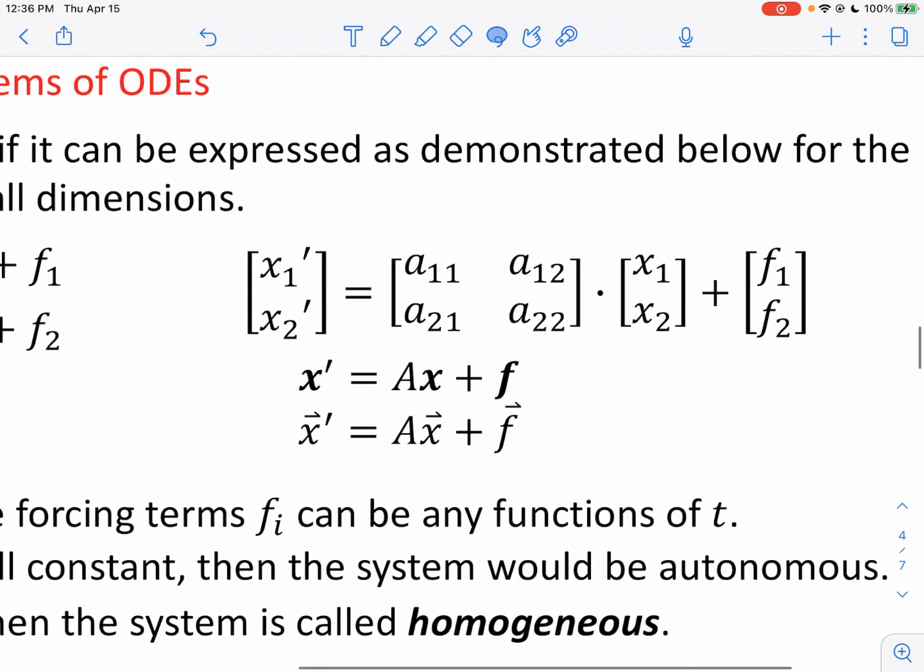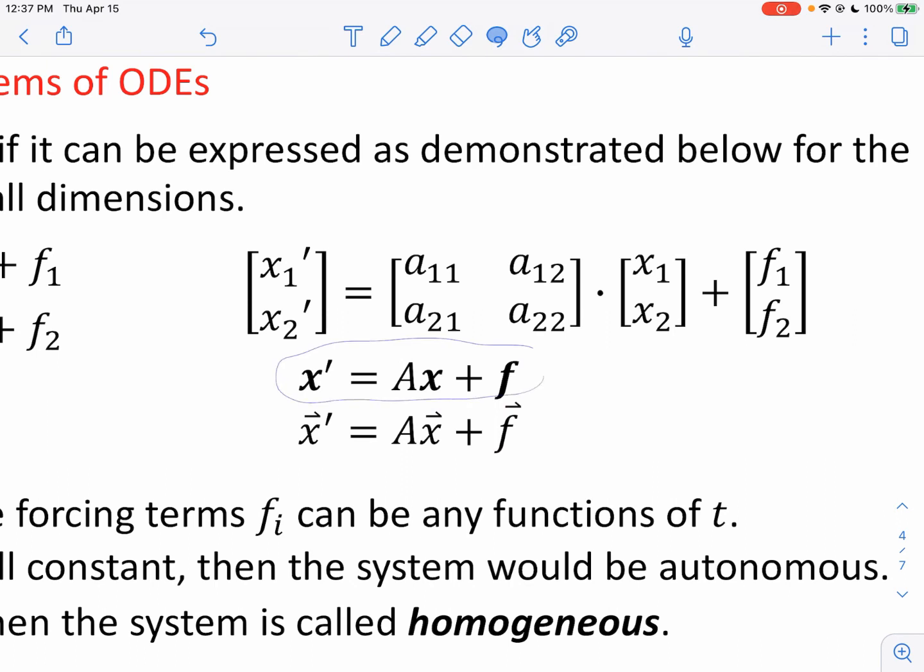And then to be more concise with this, we're going to call this vector of functions a vector function, and we're going to use a bold X or an X with a bar above it to represent that. So here this is using bold terms, and here this is using the vector notation, bars above the variables, to indicate that we're thinking vectors.